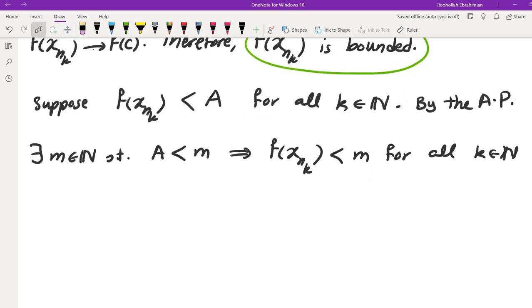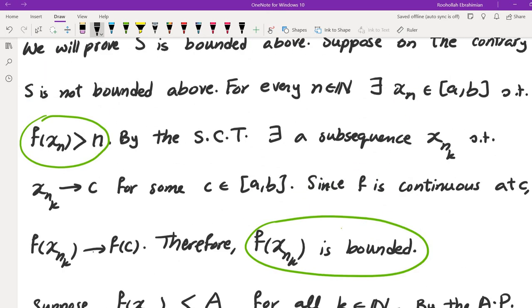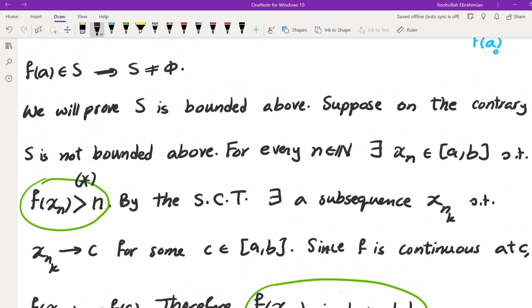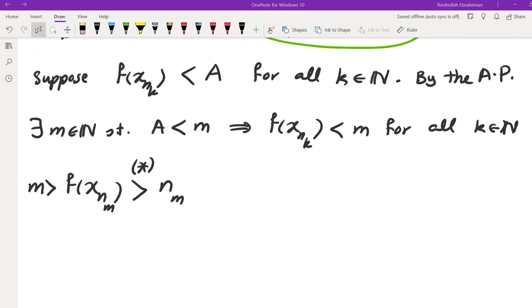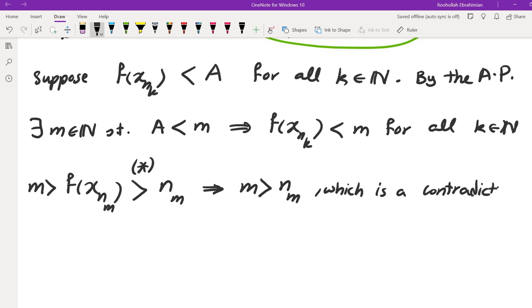However, if you look at f of x sub n_m, this is greater than n sub m. And this was because of what I would call star, what I have up here. So that means m is more than n sub m. But that is not the case, and I'll explain why there is a contradiction.